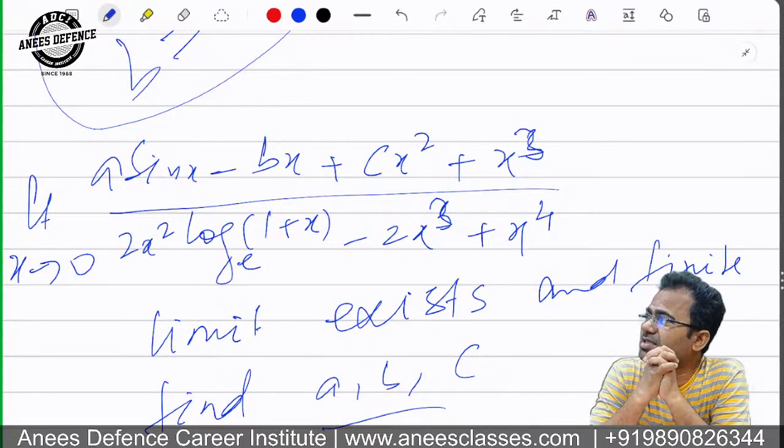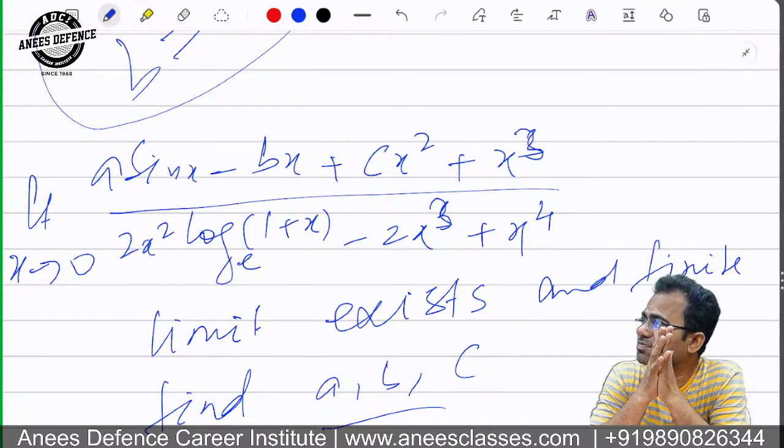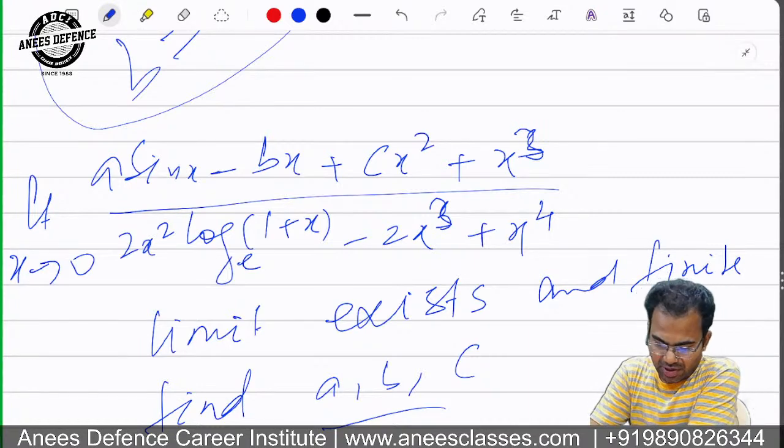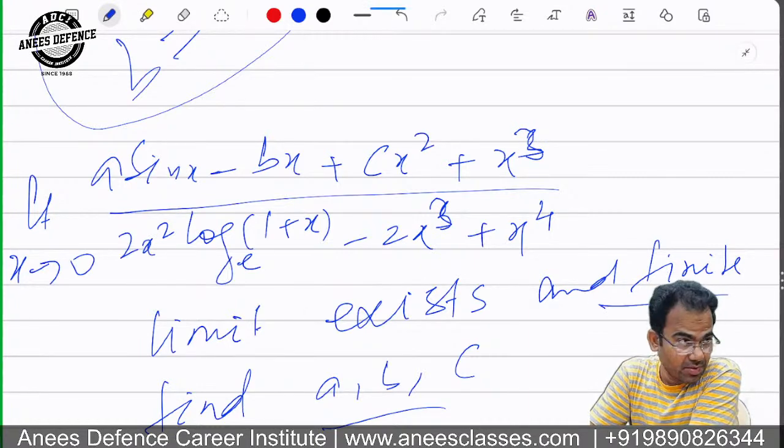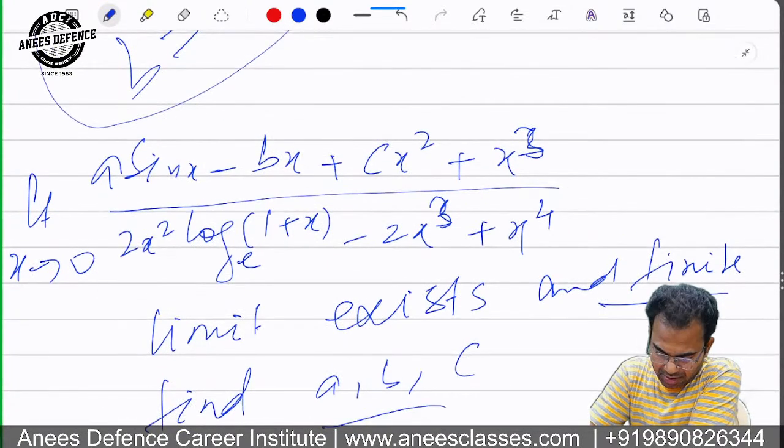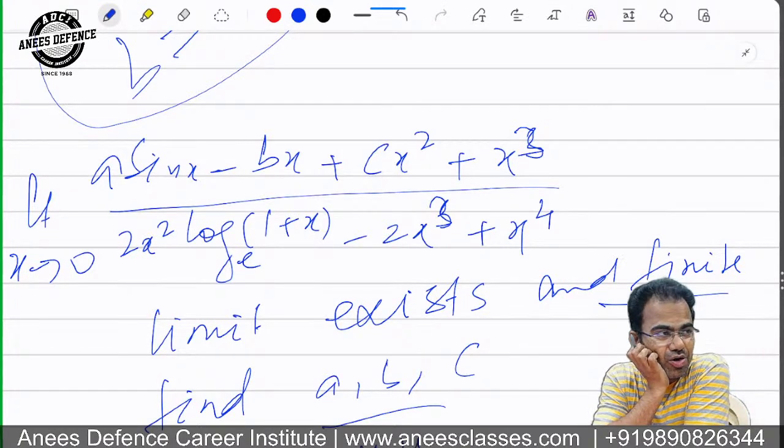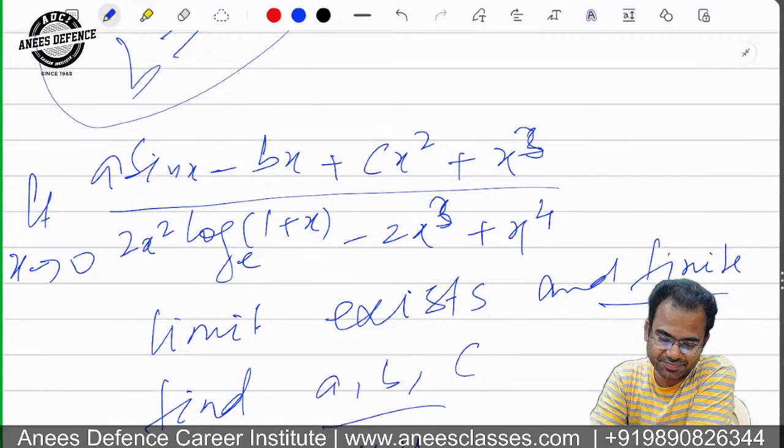I'm saying limit exists. Find a, b, c. Limit is finite. Then you have also to find the limit of this expression.